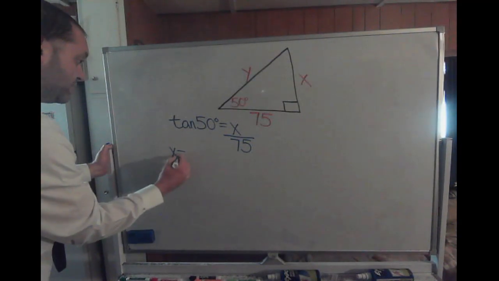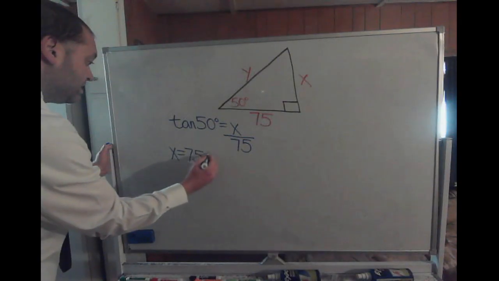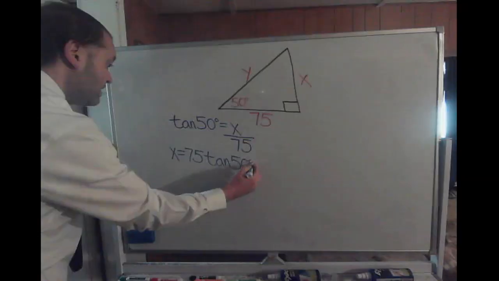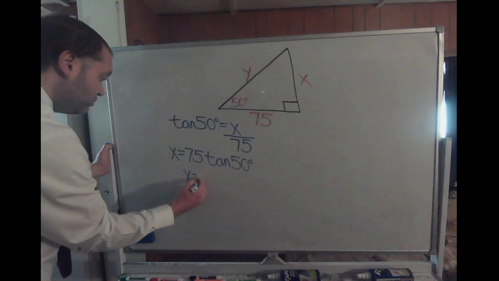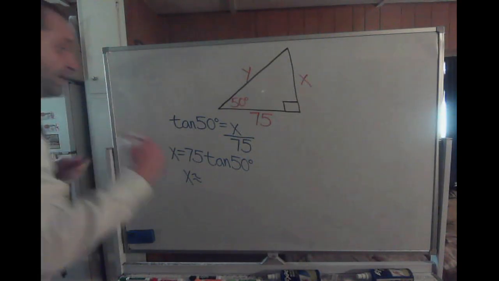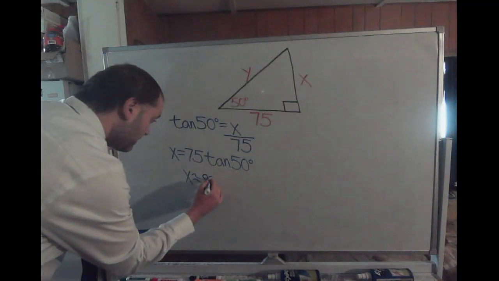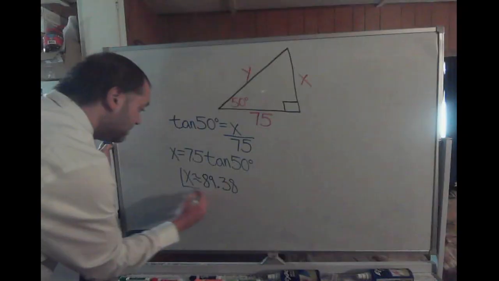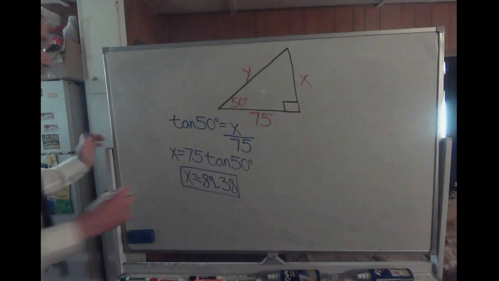So then x would equal 75 times the tangent of 50 degrees. And then we'll just do our decimal approximation, which would give you about 89.38. So x is approximately equal to 89.38.